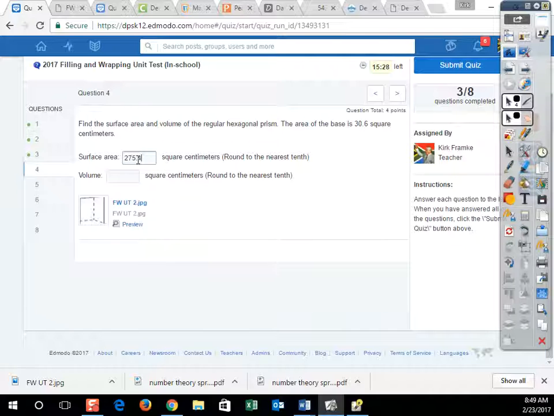Wait, no, it's not. It's 380. Zach, what is it? 275.4. That's the volume. Oh, I know that. All right, well, let's do volume. Yeah, 385.2. I said 385.2, and then you said, no, what's the surface area? Oh, 385.2. All right, moving on.